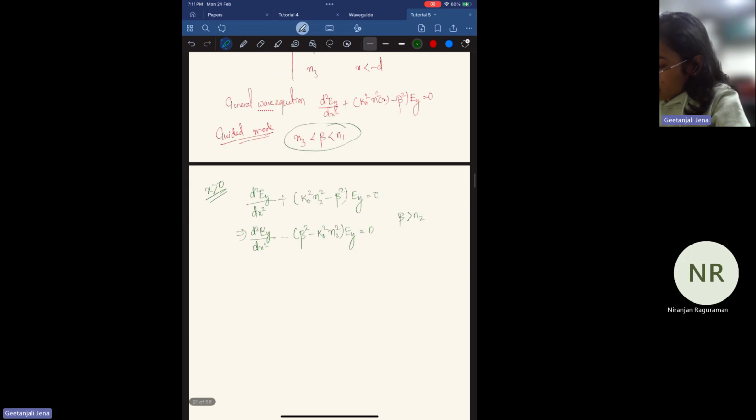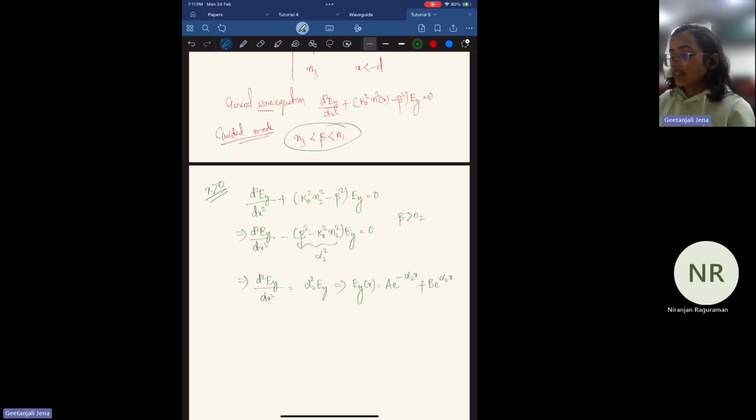So let us say this value is alpha 2 square. So we have d square Ey over dx square is alpha 2 square Ey. And the solution for this is Ey is a e to power minus alpha 2 x plus b e to power alpha 2 x.